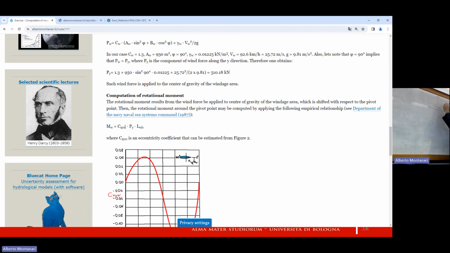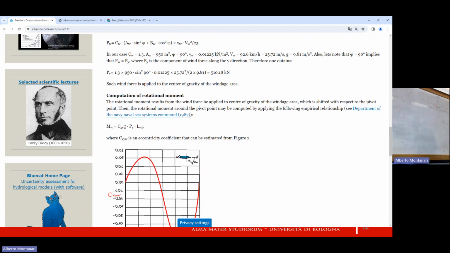So the wind edge forcing is applied here. In order to compute the rotational moment, we have to compute the product of the wind force times the length of the water line times the eccentricity coefficient, C XYW. Let me see if the symbols are the same.